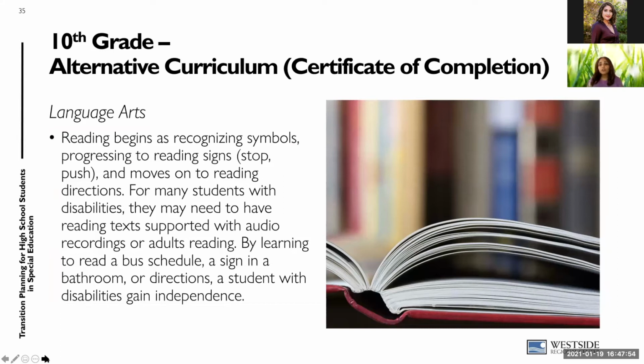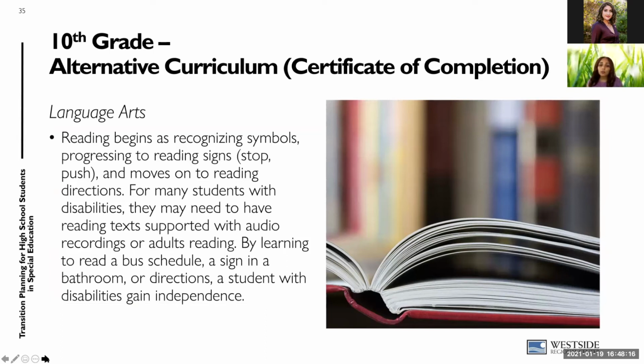For the alternative curriculum for the children who are leaving high school with a certificate of completion, a lot of the focus is going to be on functional skills. So language arts can be reading symbols, recognizing symbols outside in the community.